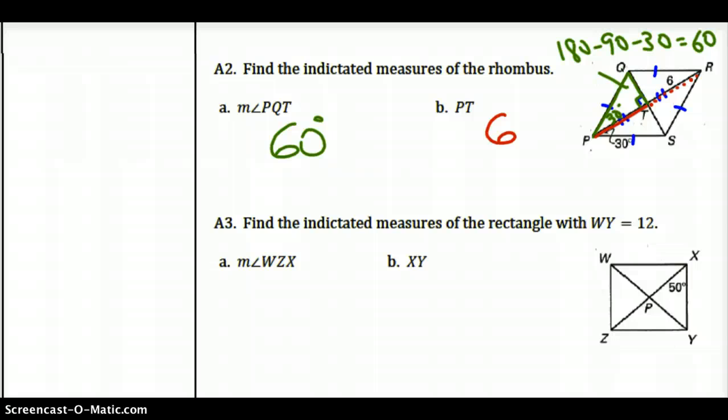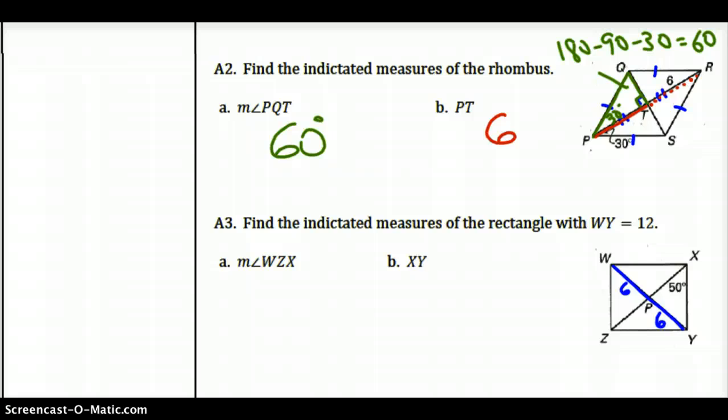A3, find the indicated measures of the rectangle with WY equaling 12. Well, if this is 12, that means I've got 6 here and 6 here because a rectangle is a parallelogram, and a parallelogram's diagonals bisect each other.